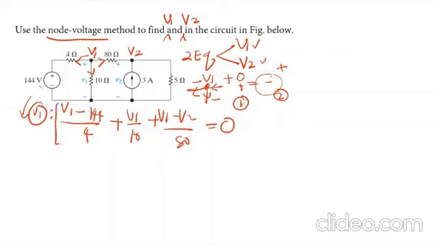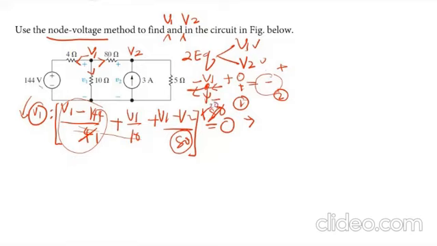Let's say you want to simplify this equation to eliminate the denominators. The denominators are 4, 10 and 80, so it's easiest to pick the biggest number, 80, and multiply by it. For the first part, V1 gets 1, and 80 divided by 4 is 20.